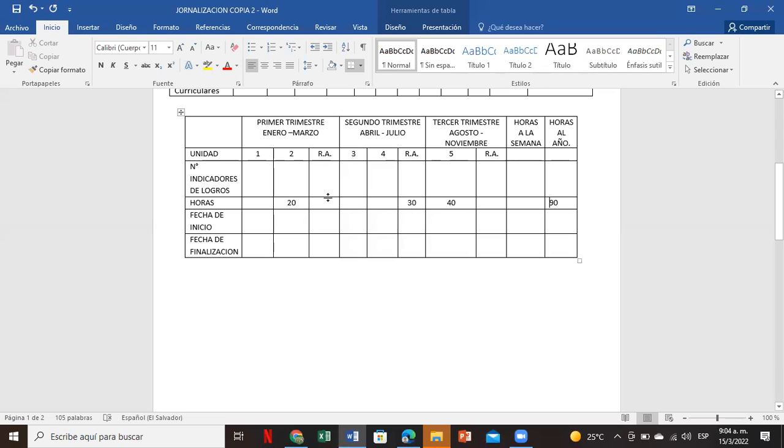Yes, please, Jackie. Because I decided to make 10 units, I need to represent that in the chart. Yes, it is.